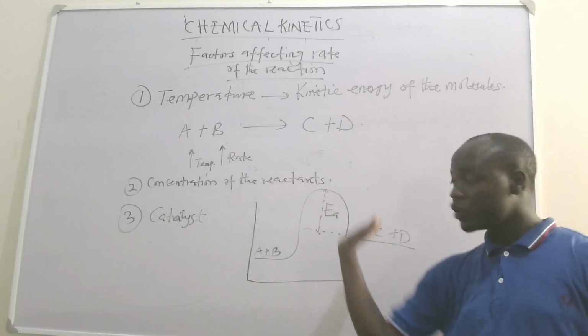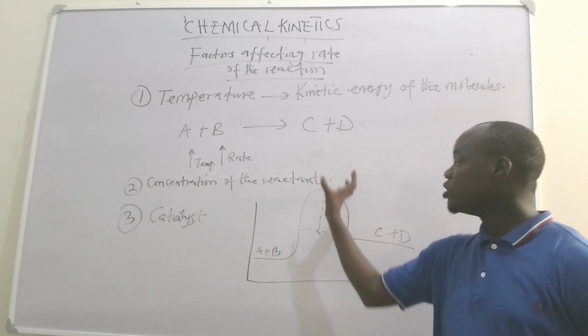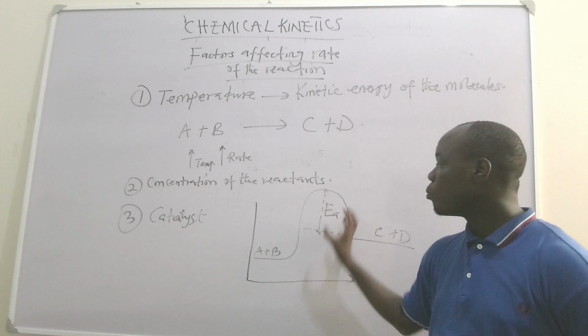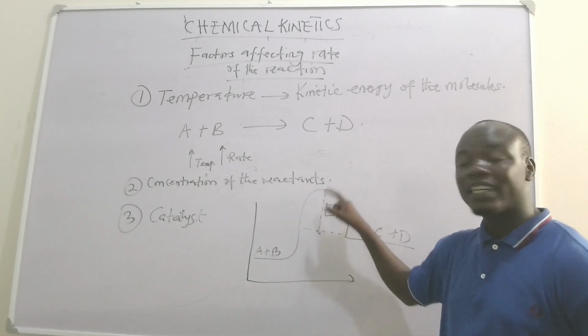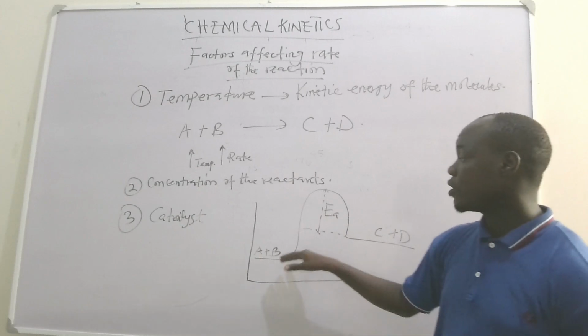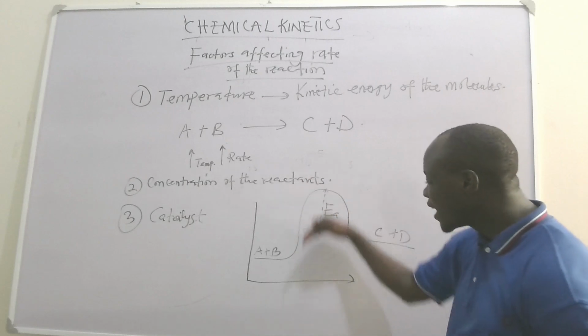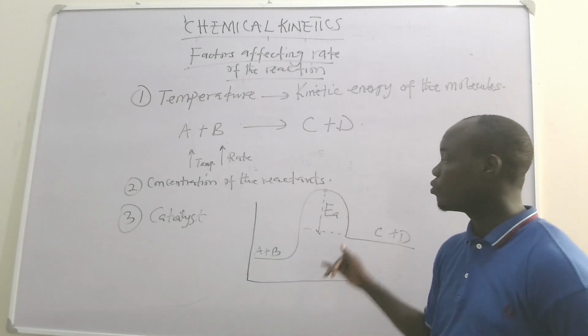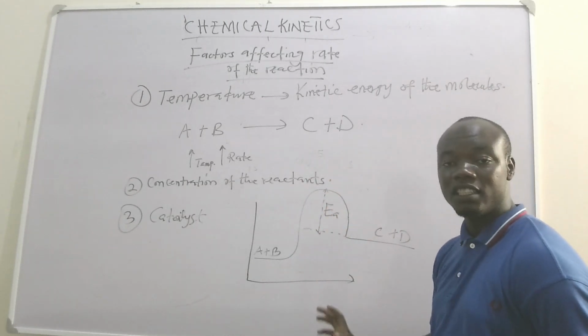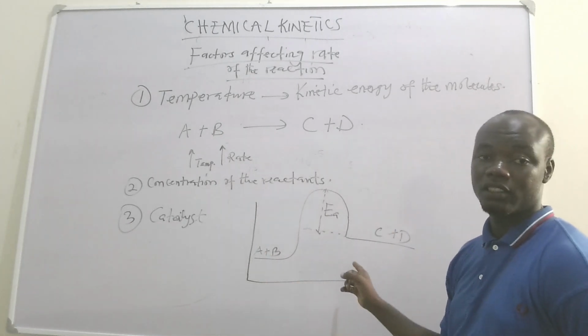It's a barrier between the reactant and the product. So the reactant particles must overcome this activation energy before the reaction takes place. Therefore, what the catalyst does is usually decrease the activation energy, and once the energy barrier is decreased, the rate of the reaction will increase.